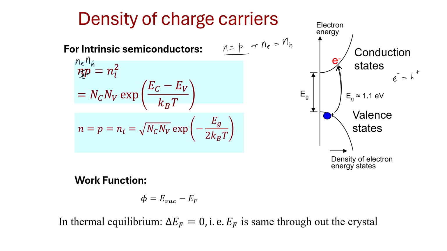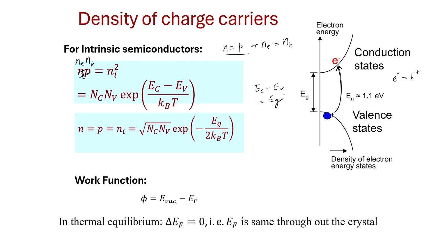So this Ne into Nh is equal to Ni square, and this is equal to Nc into Nv exponential of minus Ec minus Ev divided by kT, or you can write this as n is equal to p is equal to Ni, because Ec minus Ev is nothing but Eg.